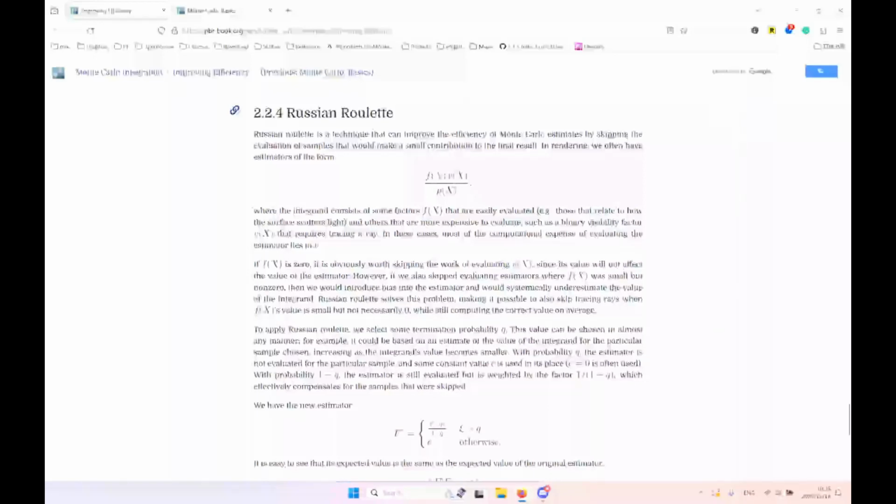So if we get 0 here, it's not worthwhile to continue evaluating the visibility. But also we can skip evaluating the estimator if f(x) is already pretty small but non-zero. But then we introduce a bias into the estimator because we always underestimate.